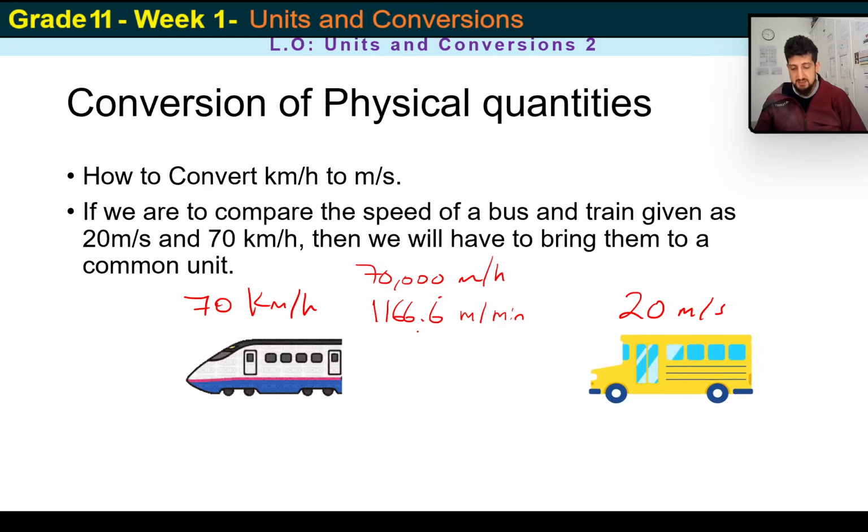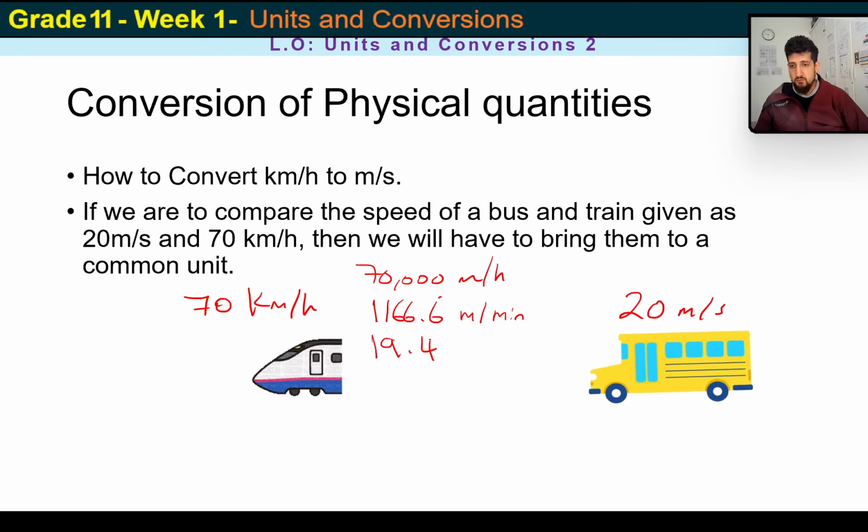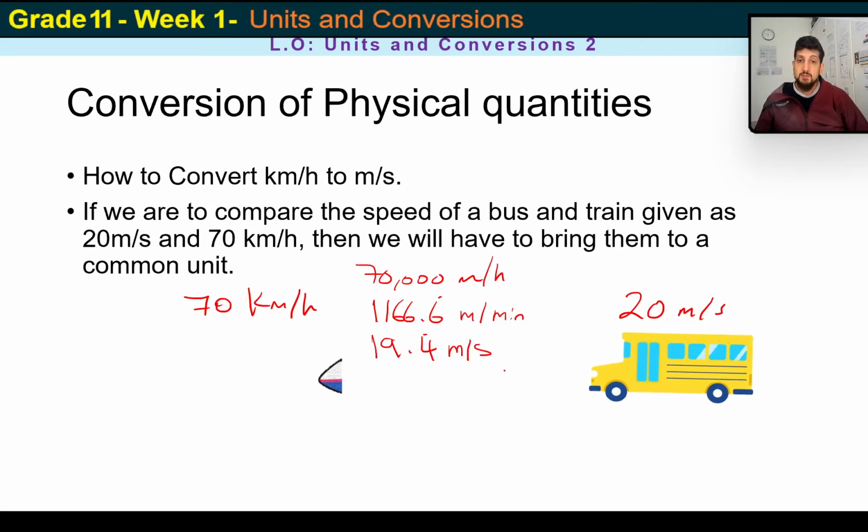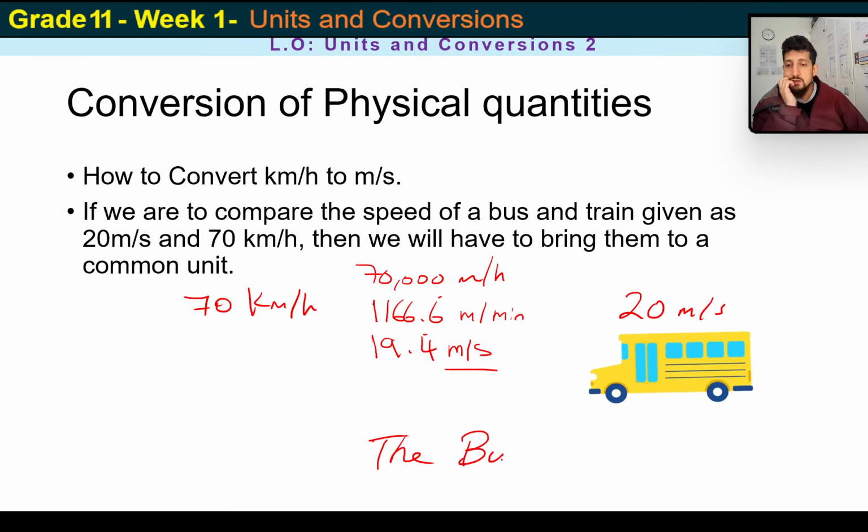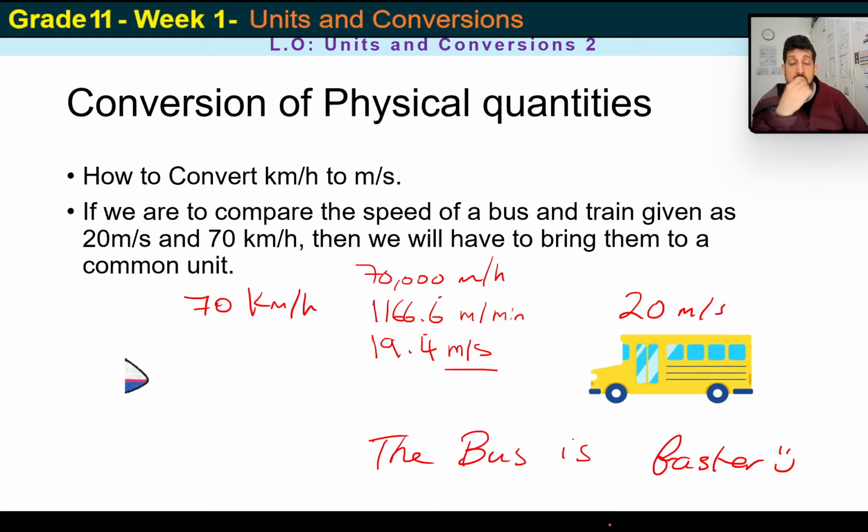If I divide it by 60 one more time, I get 19.4 meters per second. Okay? So now, since they both have the same unit, meters per second, I can compare them and say the bus is faster. Okay? I need the same units.